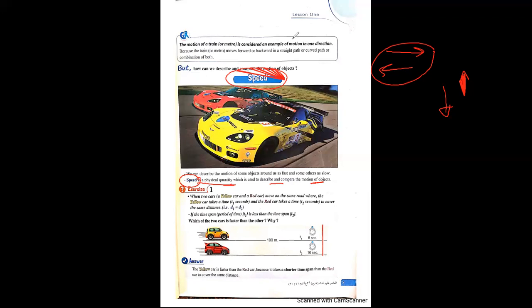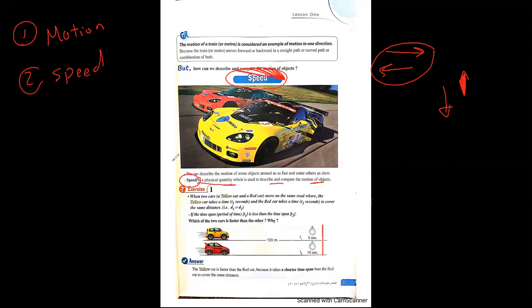Thank you, Hagar. Sama, what's the meaning of speed? A physical quantity which is used to describe and compare the motion. Okay, now we took two definitions. Number one, motion. Number two, the speed.